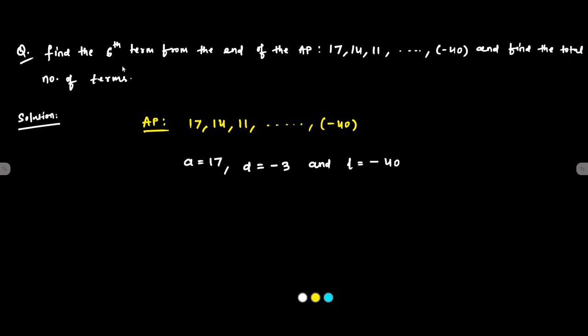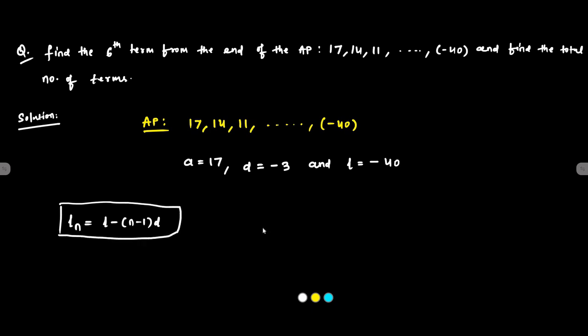So here it has been asked to find the sixth term from the end, from the last. So here we will use the formula for the general nth term from the end, which is equal to L minus n minus 1 d, the nth term from the last.